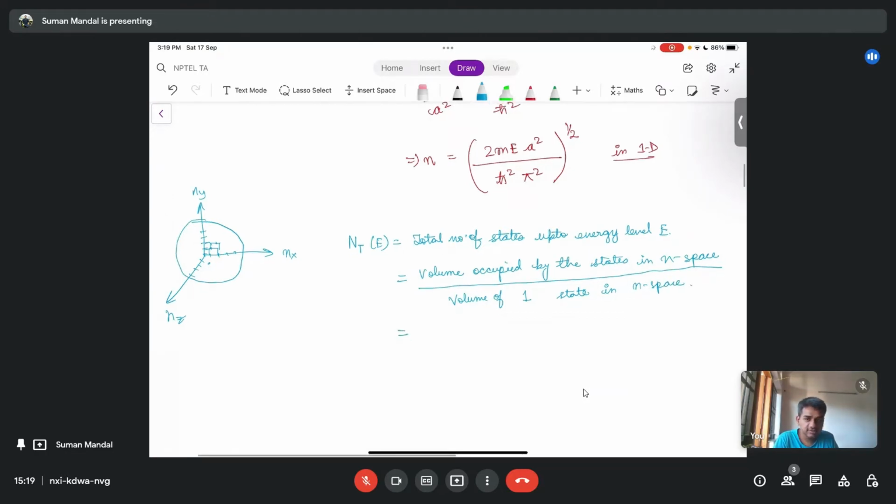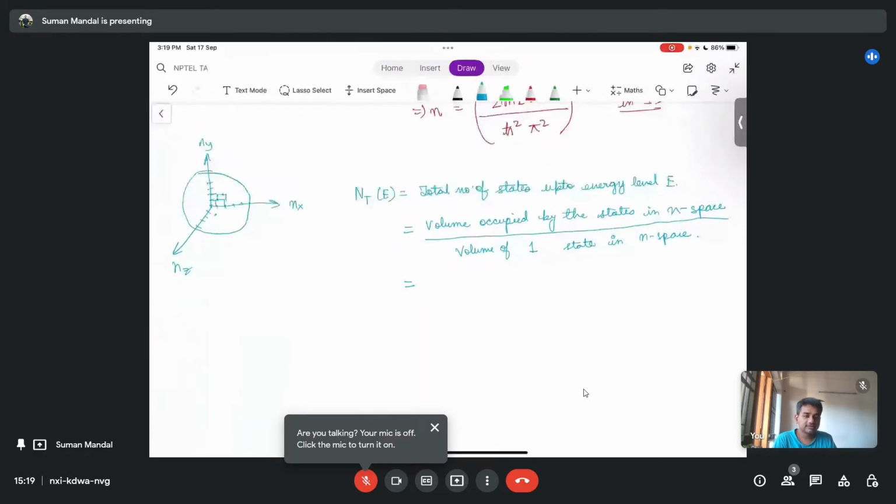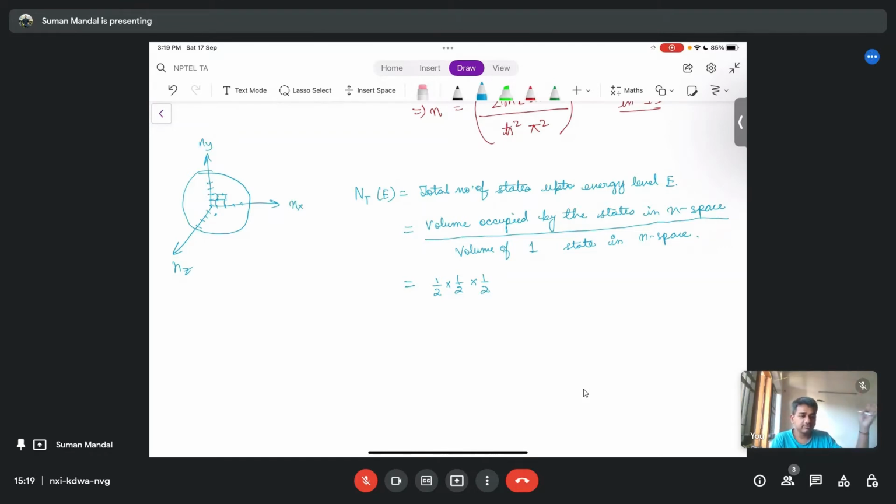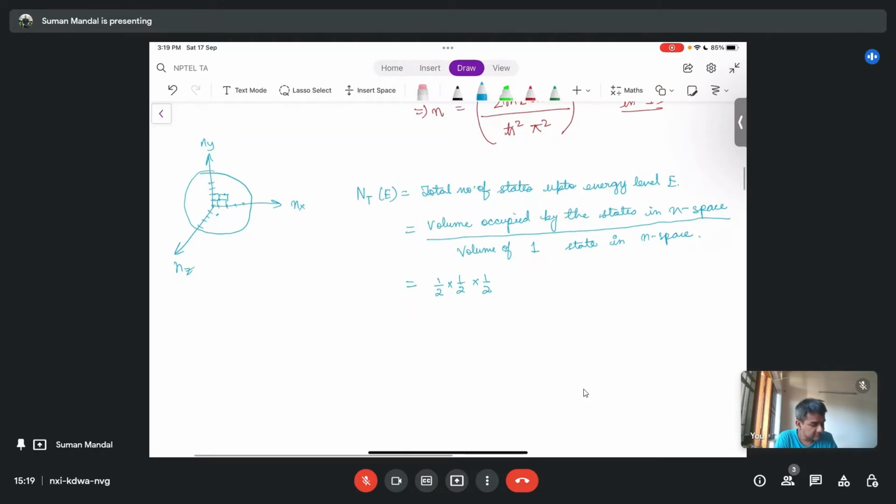Then the argument given is that since n is a quantum number, nx, ny, nz, we can only take the positive values. nx can be both positive and negative, but we take only the positive direction. So we take half for nx, half for ny, and half for nz, only one direction, because they are quantum numbers. Since we're assuming it to be a sphere, the total volume occupied is 4 by 3 pi n cube.